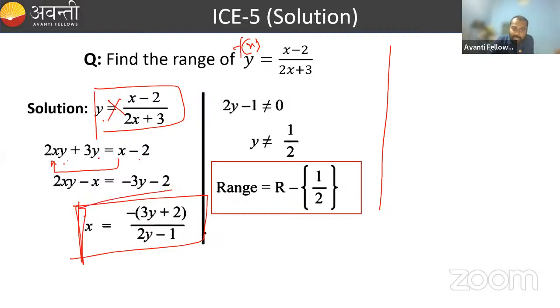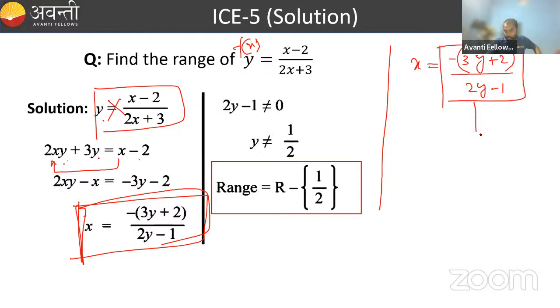Finally we are getting x is equal to minus of 3y plus 2 divided by 2y minus 1. So this is my function now, and we need to find the values of y. For this function to be defined, the denominator 2y minus 1 must not be equal to 0. So y is not equal to 1 by 2.